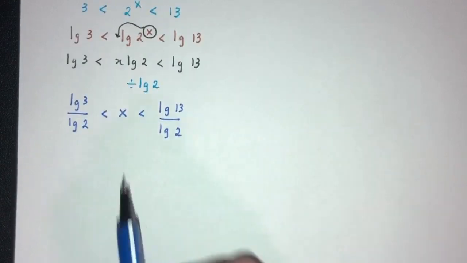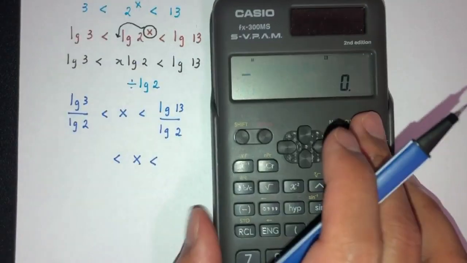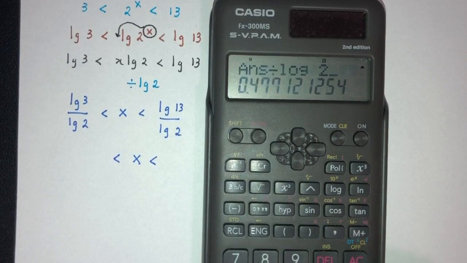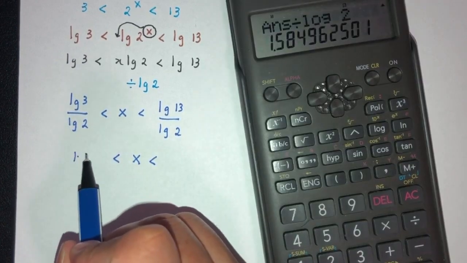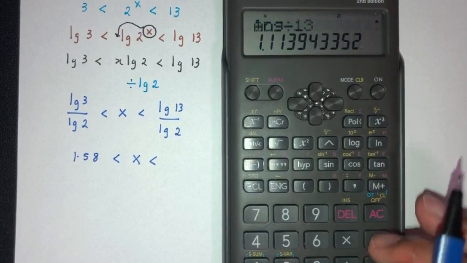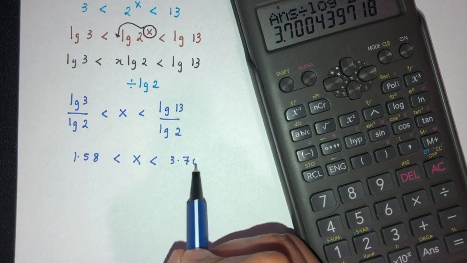So let's evaluate the values. X is between the values of log of 3 divided by log of 2, that'll be 1.58, and log of 13 divided by log of 2, which is 3.70.